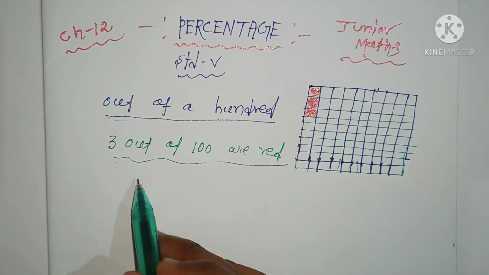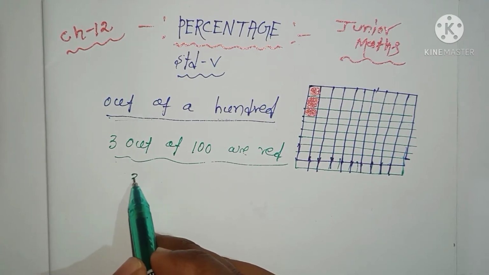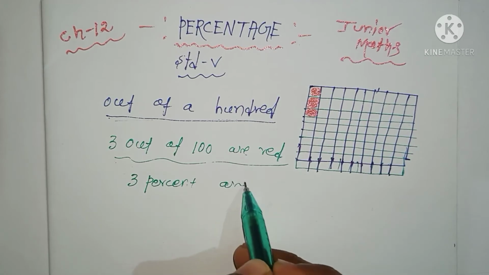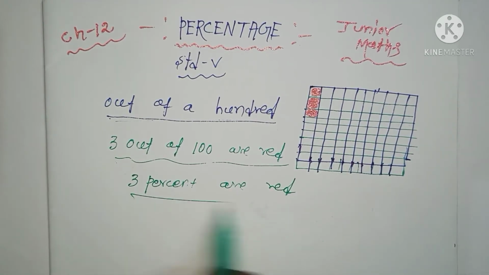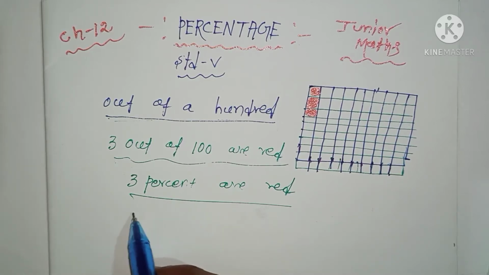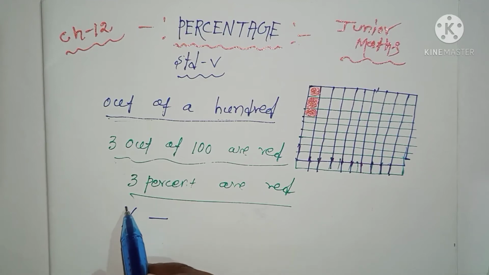Okay, we can say that 3 out of 100 means 3% are red. So this percentage symbol is like this: one slanting line, and then two dots.